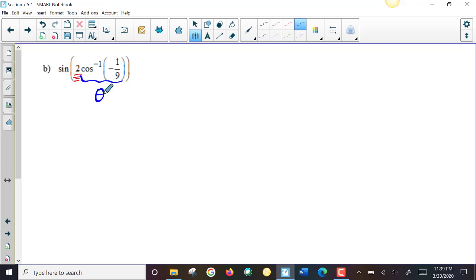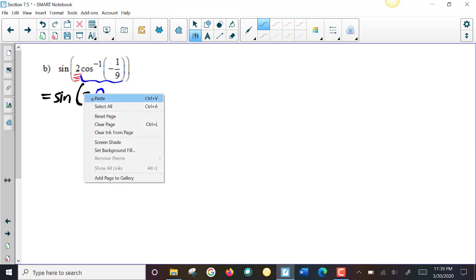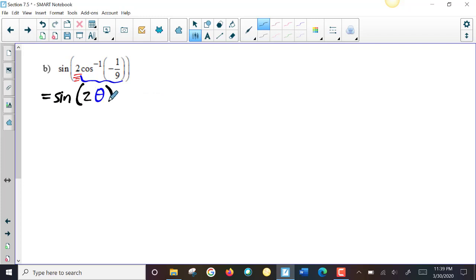All right, so ultimately, what am I trying to find? I'm trying to find the sine of 2 theta. Oh, okay. Well, I have an identity that helps me find the sine of twice an angle, which means I need to take 2 times the sine of theta times the cosine of theta.